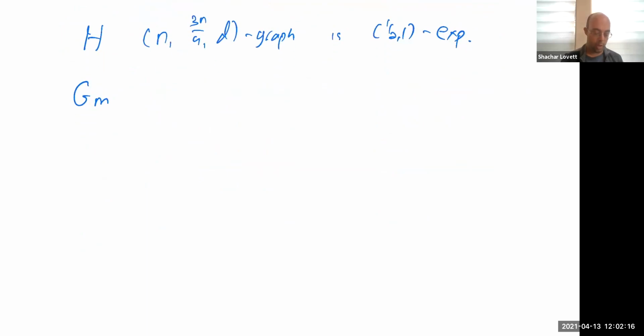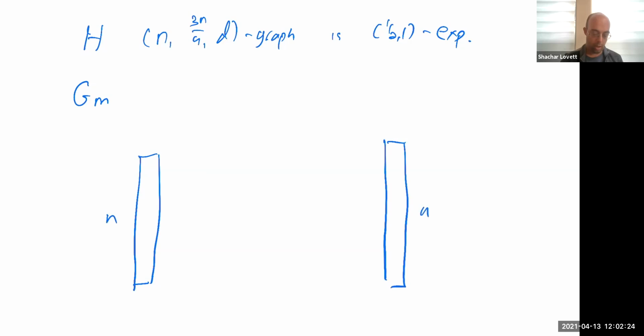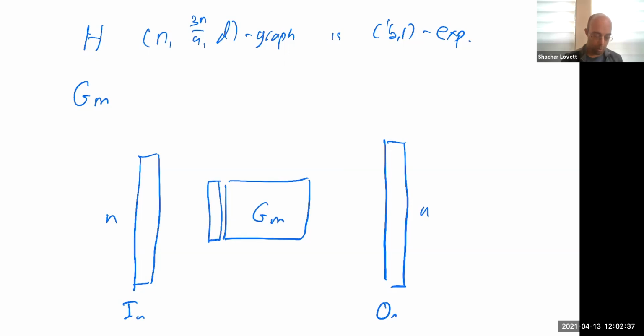So how does the construction look? First we have n nodes on the left and n nodes on the right, our inputs and outputs. In the center I put G_m, with m nodes for its inputs and m nodes for its outputs.